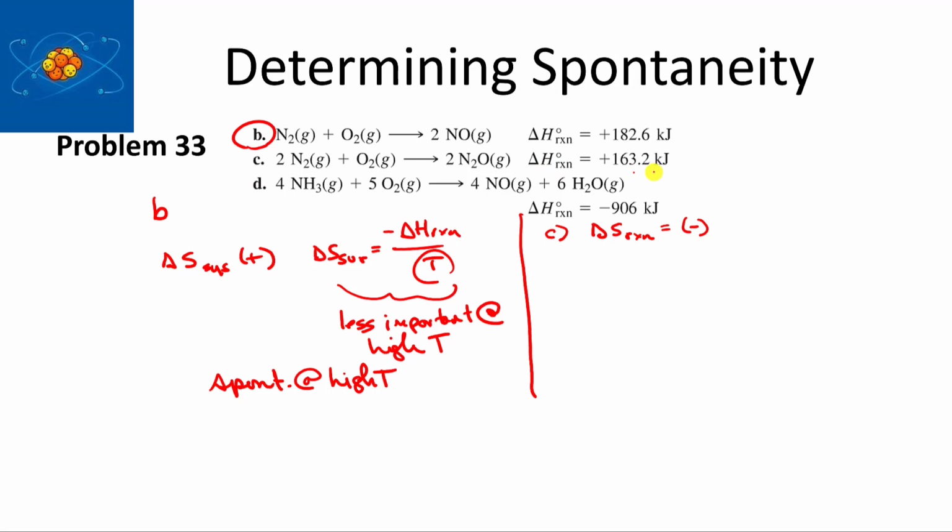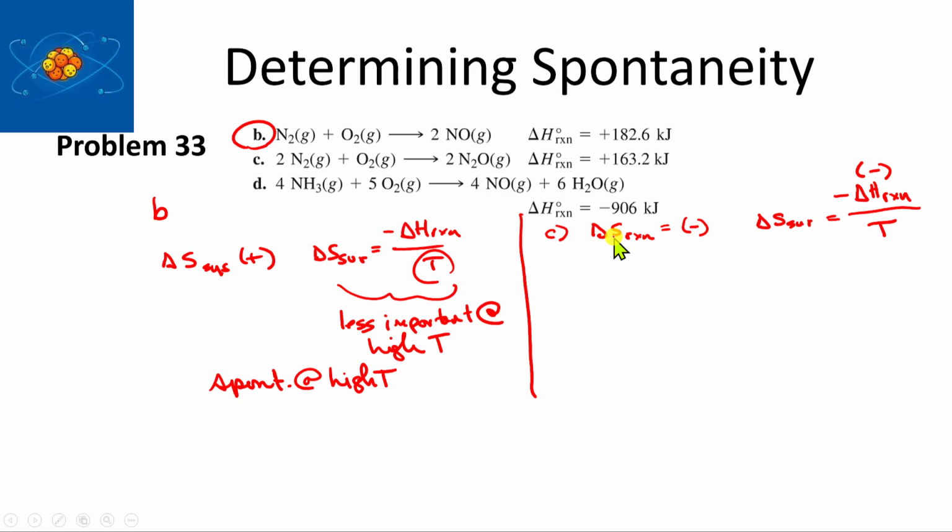Now, delta H of the reaction is positive, so that means delta S of the surroundings is going to be negative delta H of the reaction over T. So since delta H is a positive value, that means this term up here is negative.